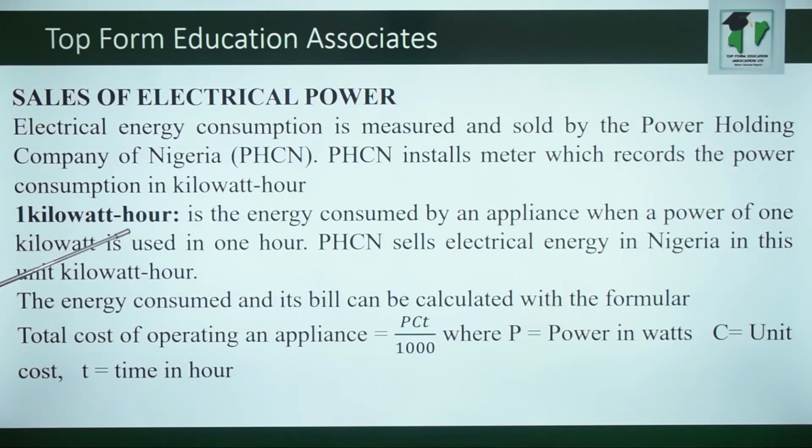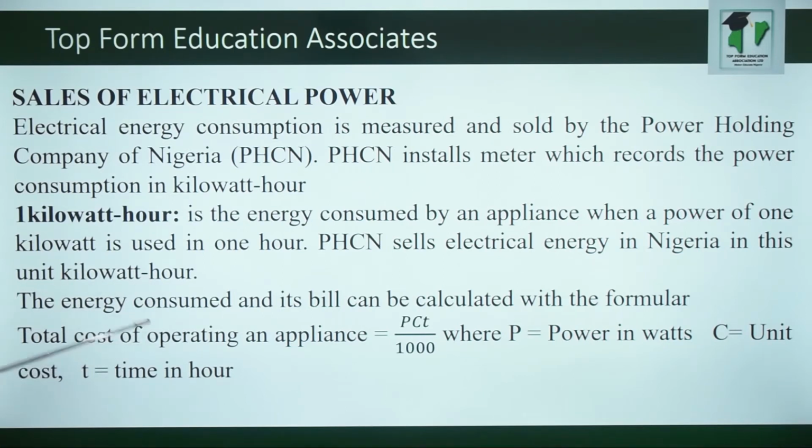One kilowatt hour is the energy consumed by an appliance when a power of 1 kilowatt is used in 1 hour, could be the energy consumed by your electric iron or electric stove. Is that okay? So PHCN sells electrical energy in Nigeria in this unit called kilowatt hour.